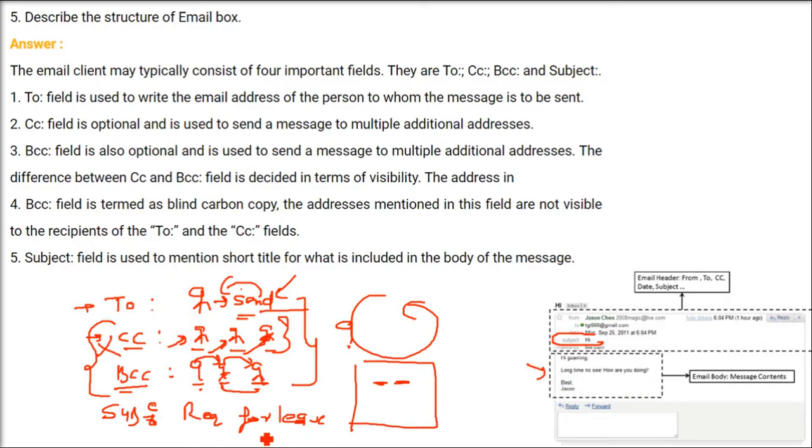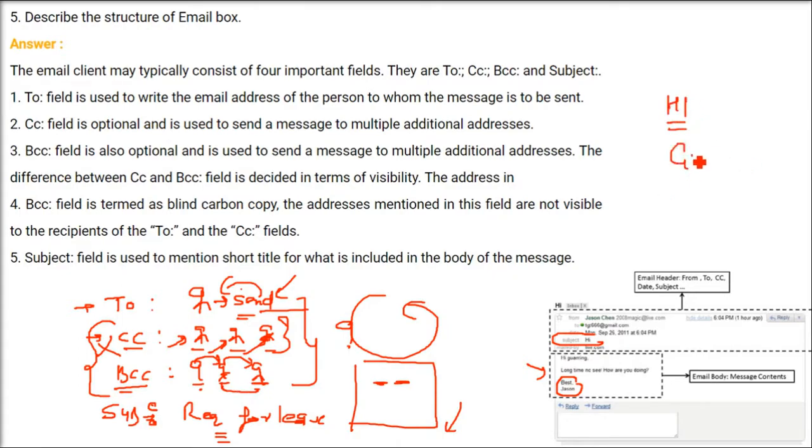Then he'll go inside the content, and here you are going to write the proper letter that you have learned in your academics. Proper letter you are going to form, and mostly emails are used for business and official purposes, but now they are used for informal message passing also.